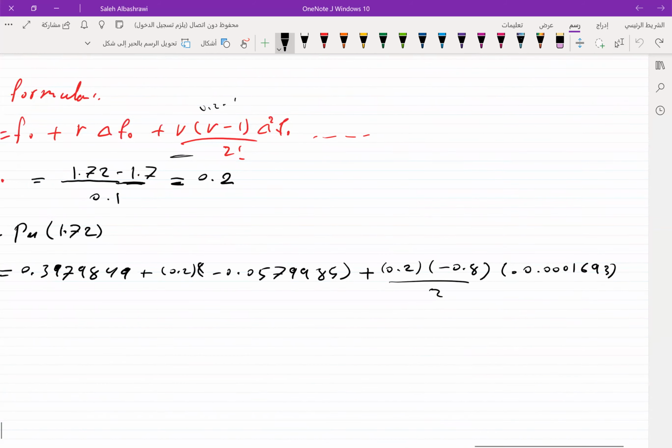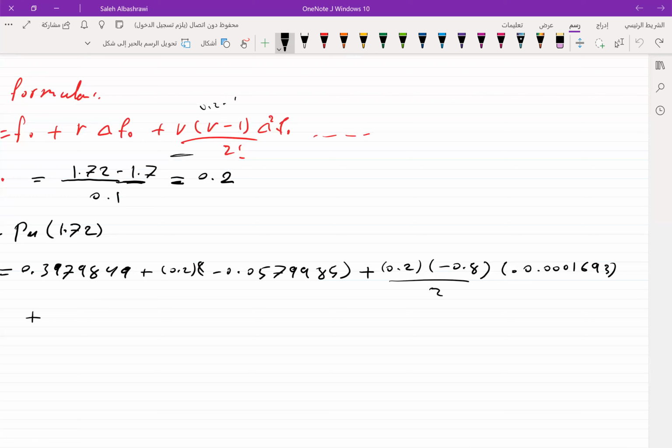Plus the third one, that will be r, which is 0.2, multiplied by minus 0.8, multiplied by minus 1.8, divided by 6 or 3 factorial, multiplied by the third difference, so that will be 0.004093.